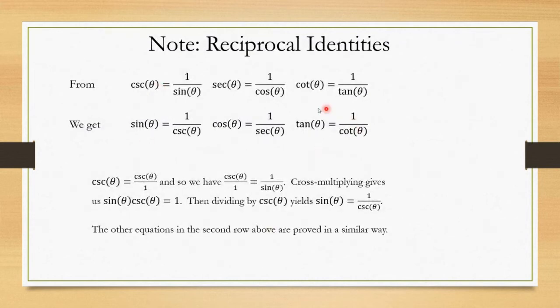You can actually get these identities. So for instance, since cosecant of theta is 1 over sine of theta, essentially you're just going to interchange cosecant and sine. You get sine of theta is 1 over cosecant of theta. Secant of theta is 1 over cosine of theta. From here, you get cosine of theta is 1 over secant of theta, and so on.